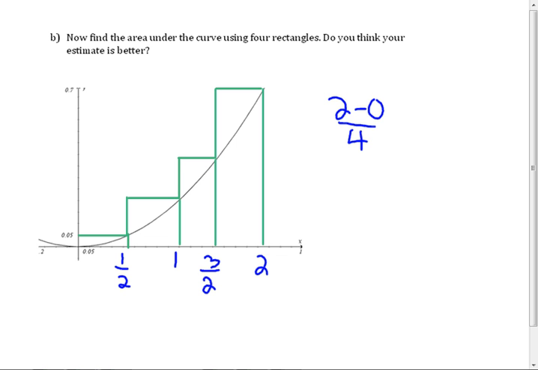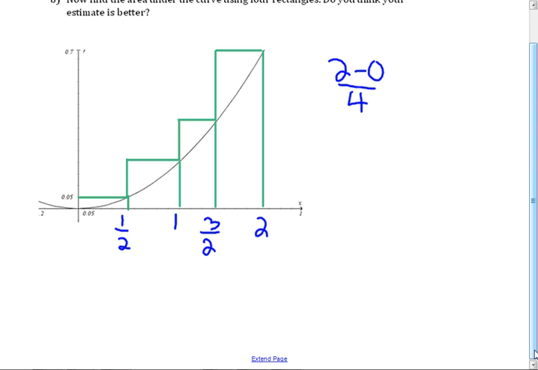Then we do 4 rectangles. If this is $2 divided by 4 people, it'll be 50 cents each. No, what's the base of my rectangle going to be now? Not 2. 1/2. It's just this length right here. So it's going to be 1/2 times the value of the function at 1/2.